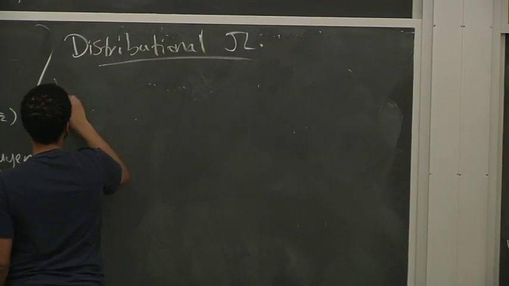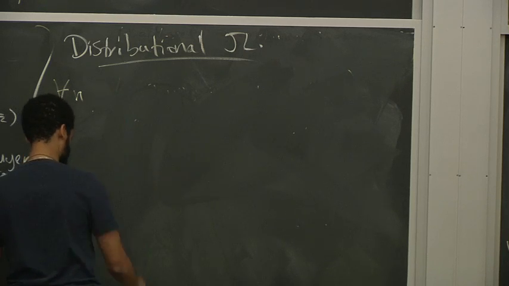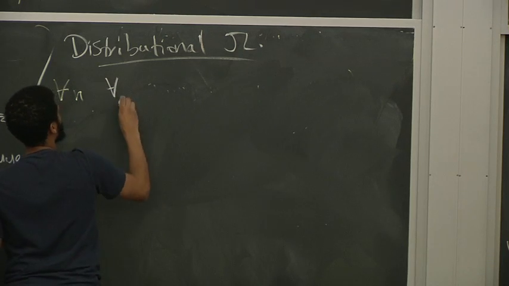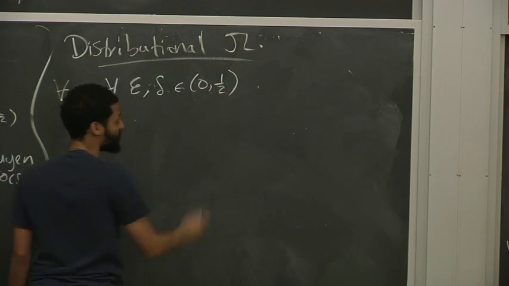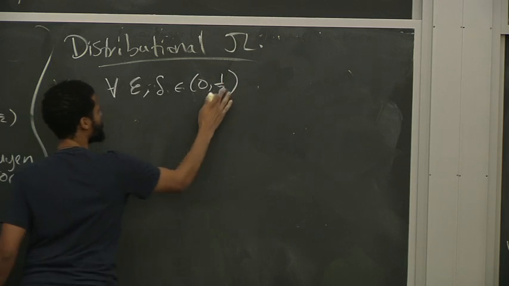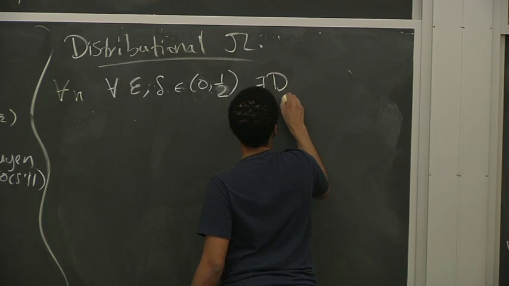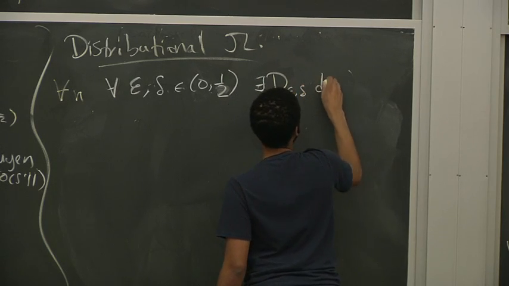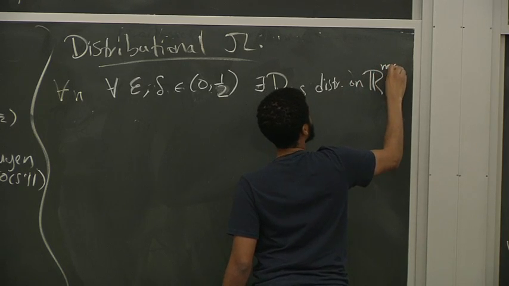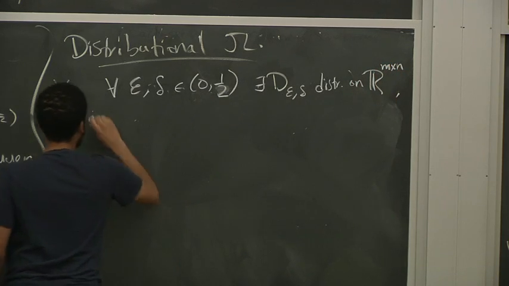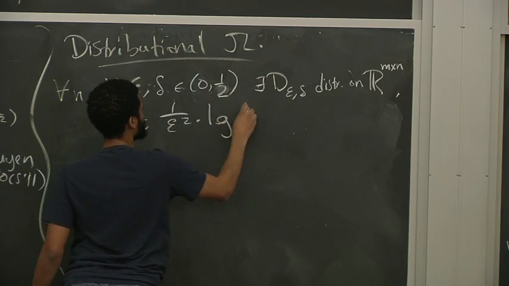It says that for all dimensions n, and for all, let's say, epsilon, delta between 0 and 1/2, there exists a distribution D epsilon delta on matrices, which are m by n, with m being at most, up to a constant, 1 over epsilon squared times log 1 over delta.